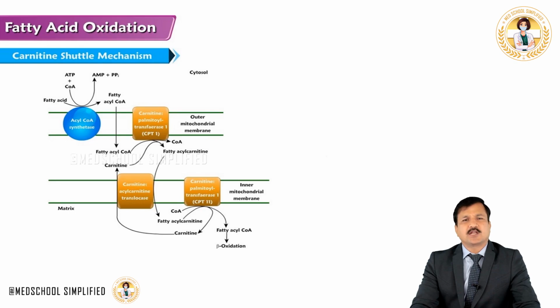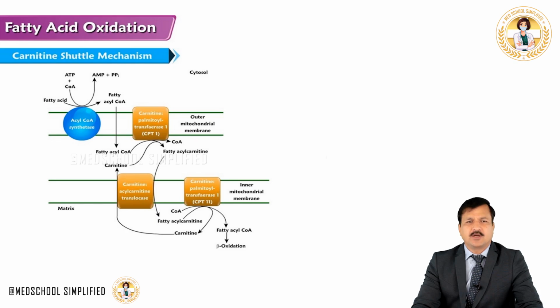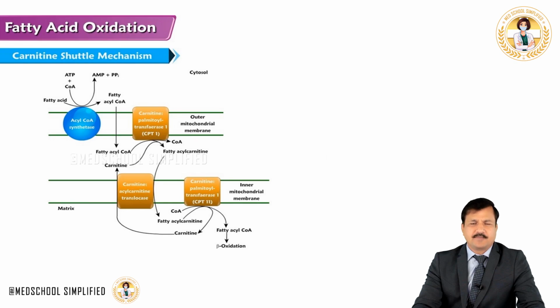The carnitine shuttle mechanism helps in the transport of long chain fatty acids through the inner mitochondrial membrane for the beta oxidation process. The carnitine shuttle mechanism is not required for short and medium chain fatty acids, at least in the mitochondria.